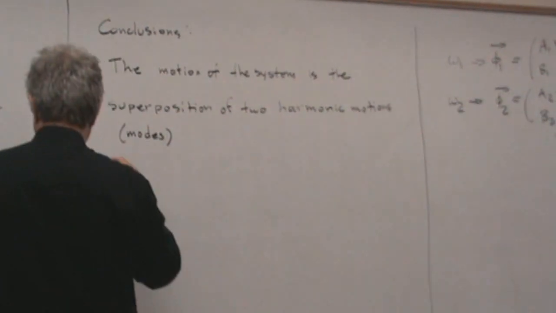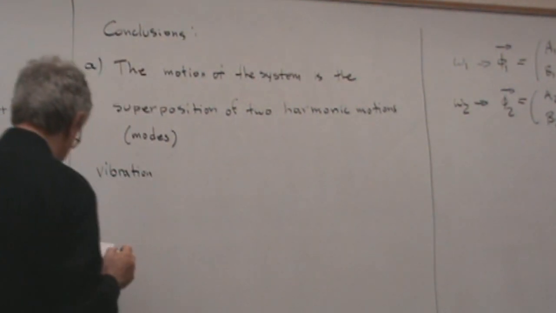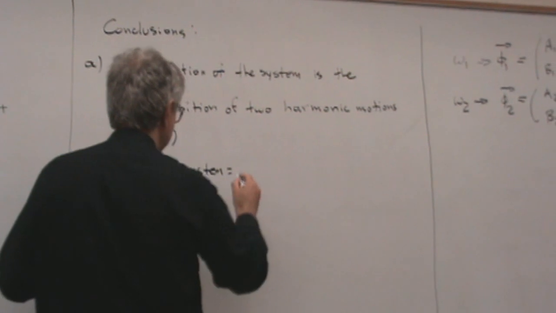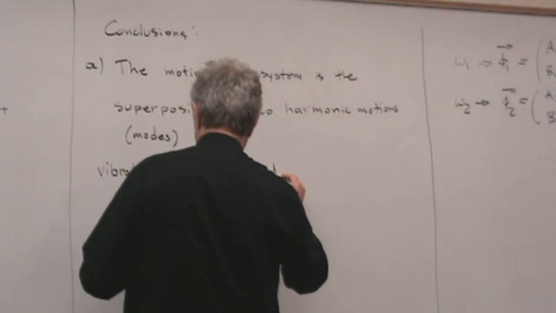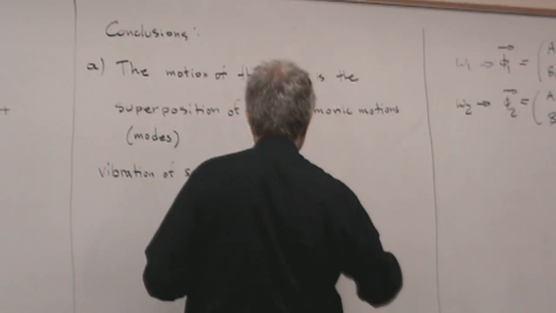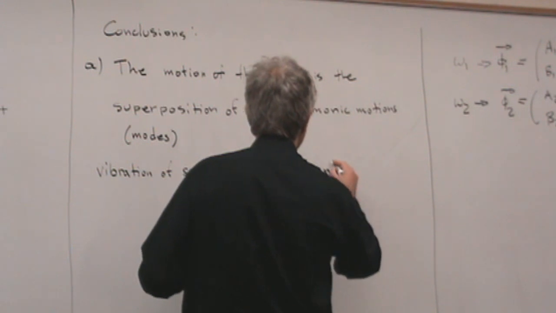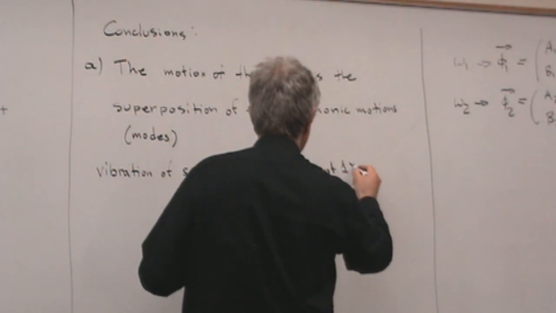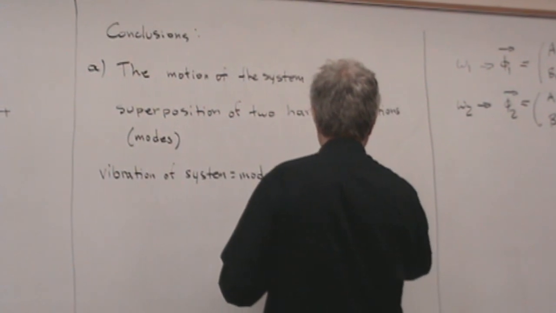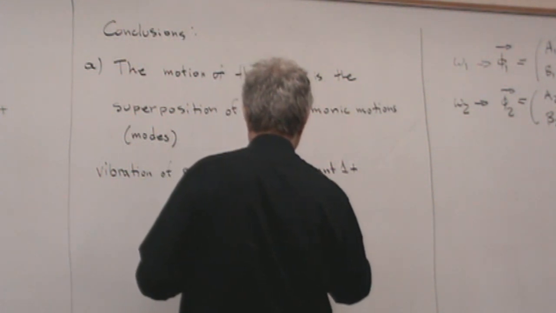Okay, so you can write this kind of equation: the vibration of the system is the first mode, mode 1, times a constant, constant 1, plus mode 2 times another constant, constant 2.